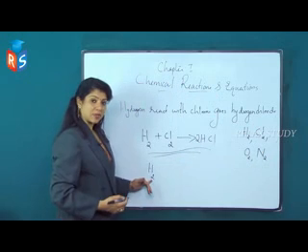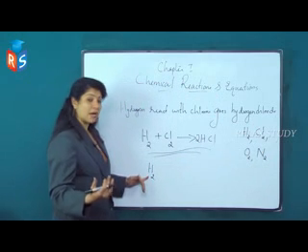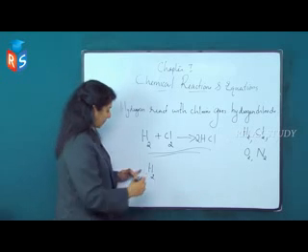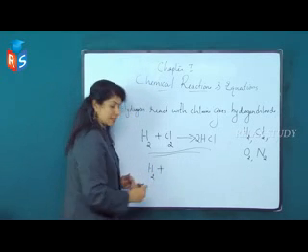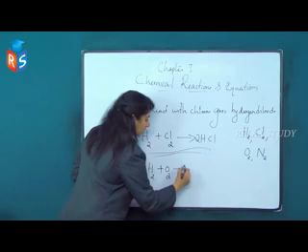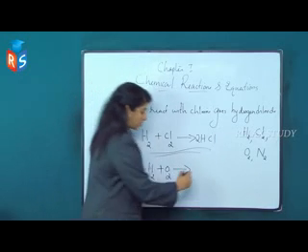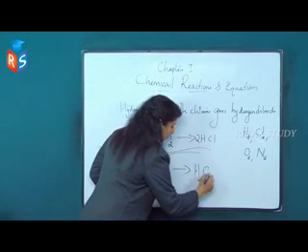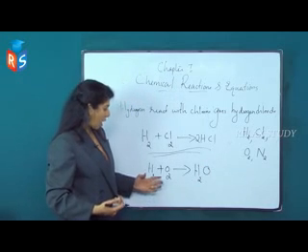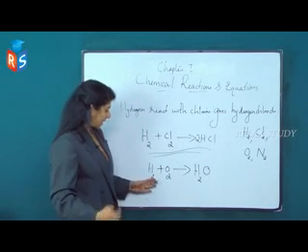Whenever we are writing an equation, you have to write H2 as its symbol. H2 when reacting with oxygen, O2, gives water. You know, the formula of water is H2O.